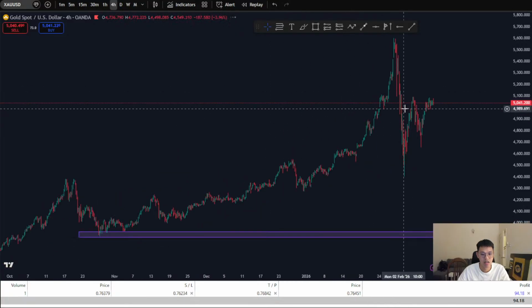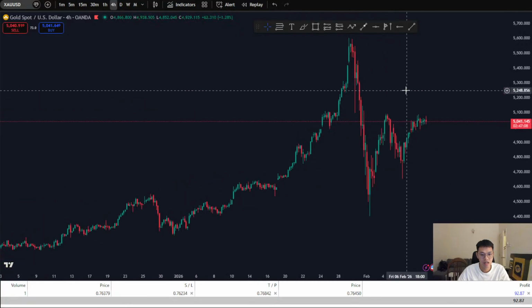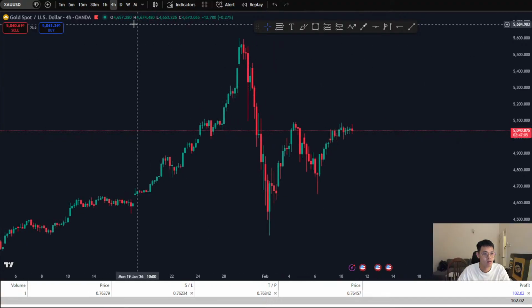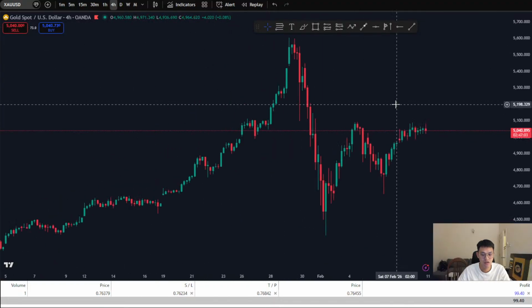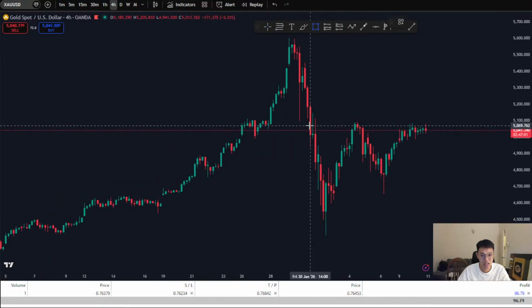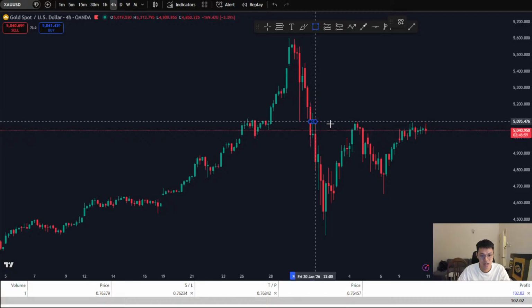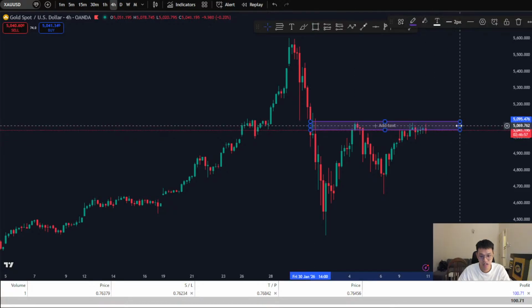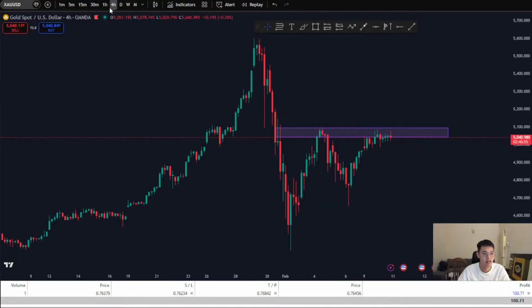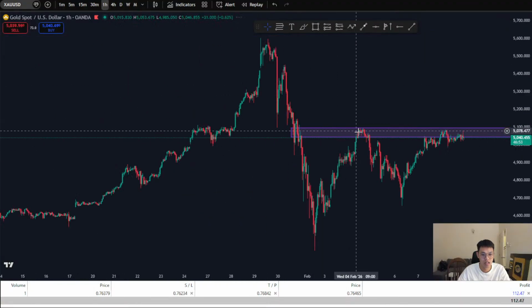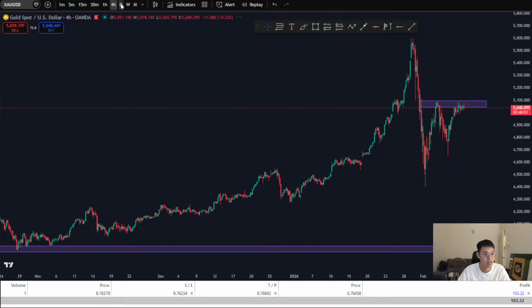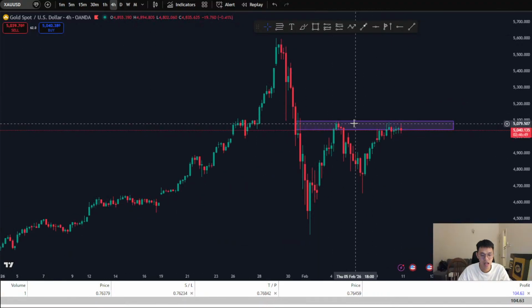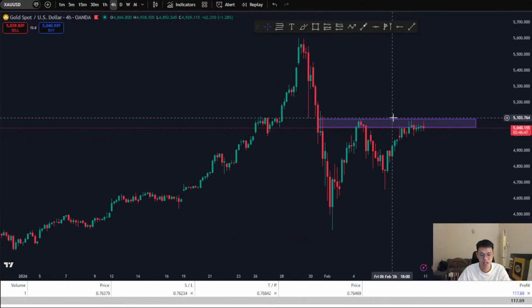Also, if we look at the 4 hour chart, here is the resistance level, the significant high in the 4 hour chart and the 1 hour chart. This is the zone I drew yesterday also.